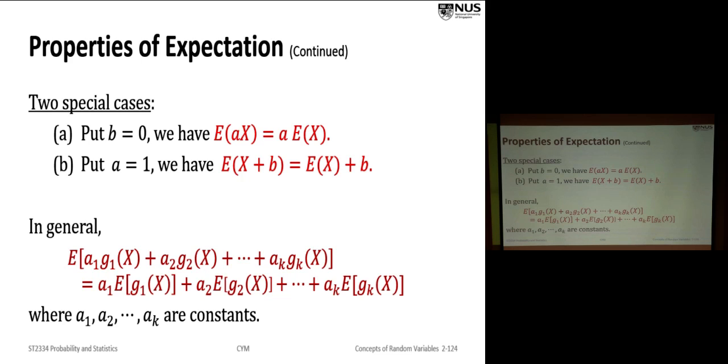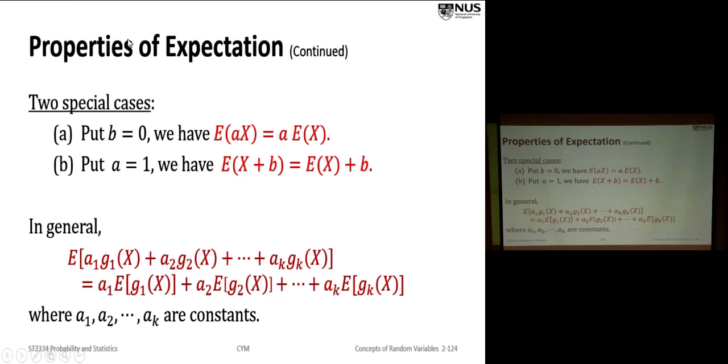That means whatever you multiply x by, the expectation is also multiplied by the same factor. Also, if you add a constant b to each x value, then the expectation of this new random variable is the expectation of x plus b.